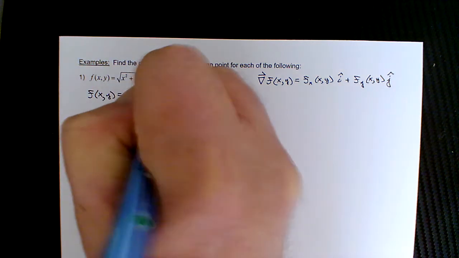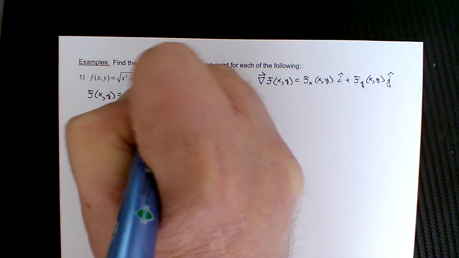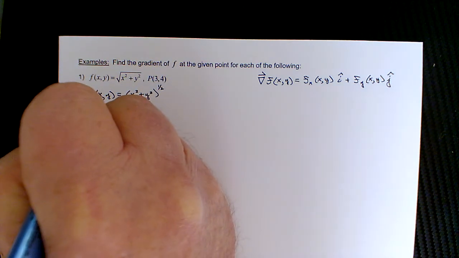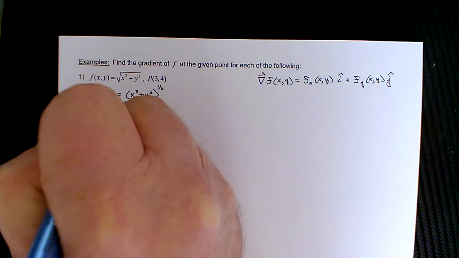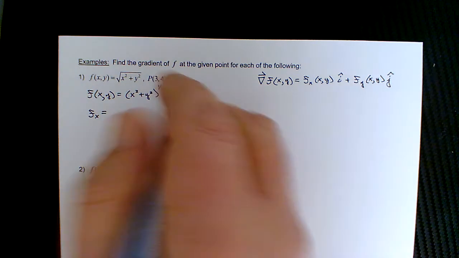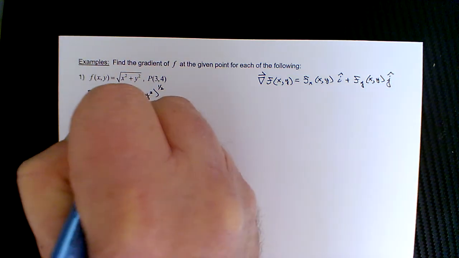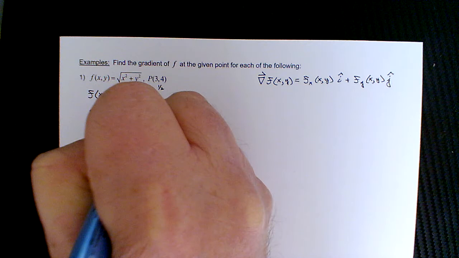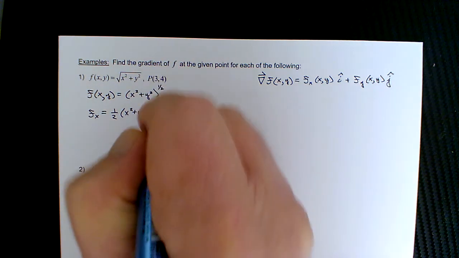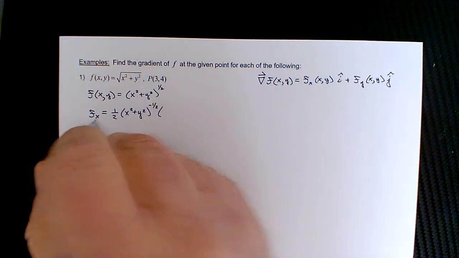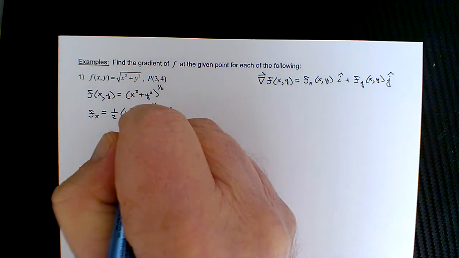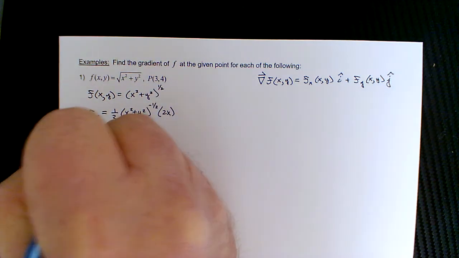So for this function, we'll have to rewrite it as x squared plus y squared to the 1/2 for the partial of f with respect to x. We'll have to use the general power rule, chain rule, u to the n, whatever you want to call it. Swing down the 1/2, same quantity, x squared plus y squared, power 1 less, negative 1/2, and then don't forget the derivative of the inside. Now it's with respect to x, so y is a constant. The derivative of x squared is 2x, and the derivative of y squared would be 0 because it's constant.